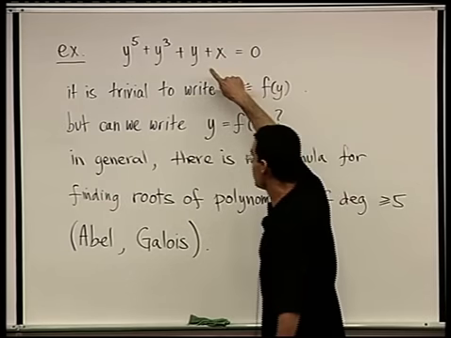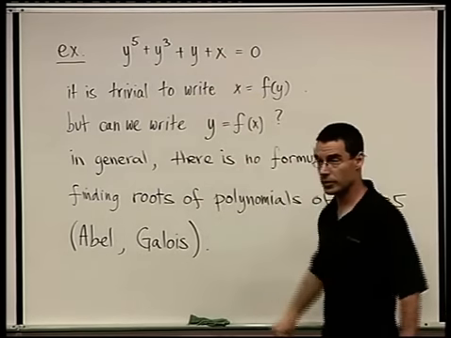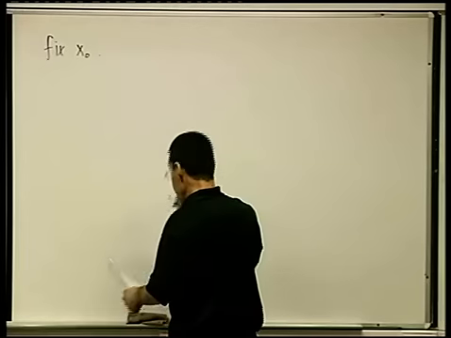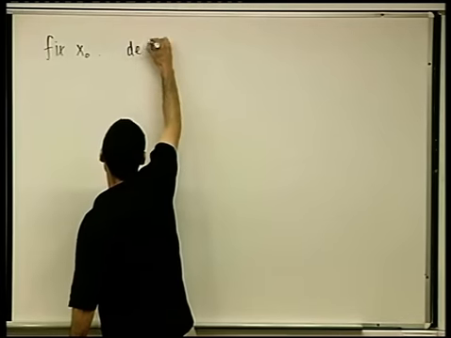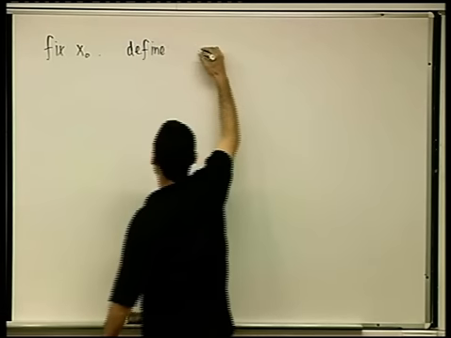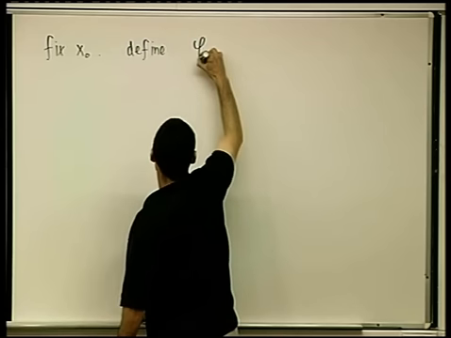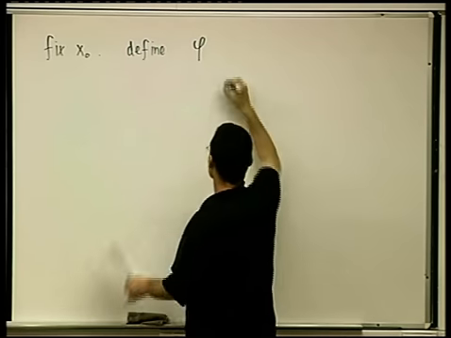Can I write y as a function of x? Here's the answer. Fix x0, any point that you want, and define a new function. F is already taken, so I'm going to call it phi, the Greek f.